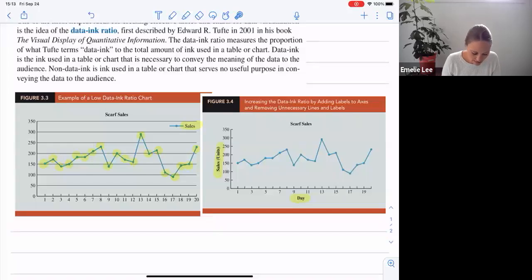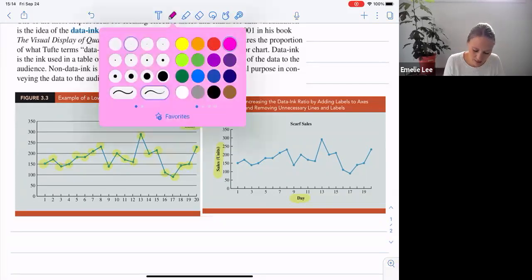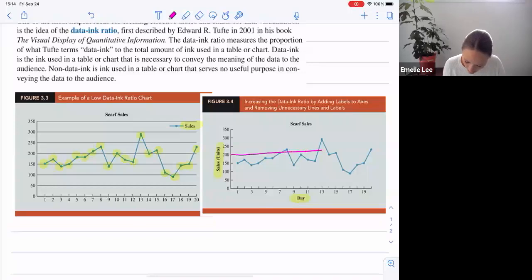And here, they've removed these lines because they felt that they weren't that important. However, I would argue that if there is some sales threshold that we're interested in, so let's just assume that 200 is some sort of sales threshold, maybe you get an award or you don't get an award, that kind of thing where we're making a decision based off of the sales, then it might be useful to have a line, straight across, but I'm not very good at drawing.